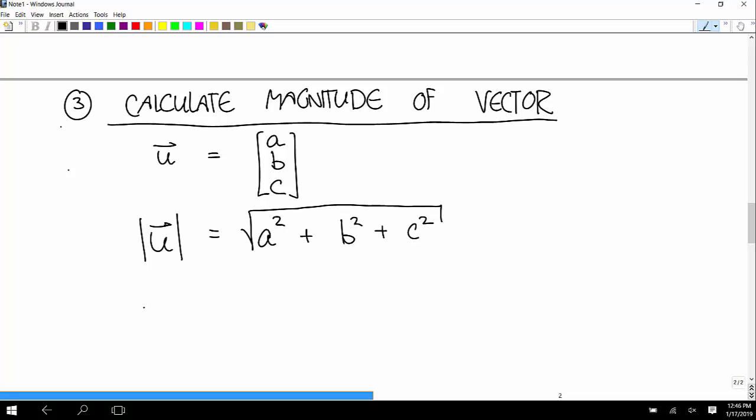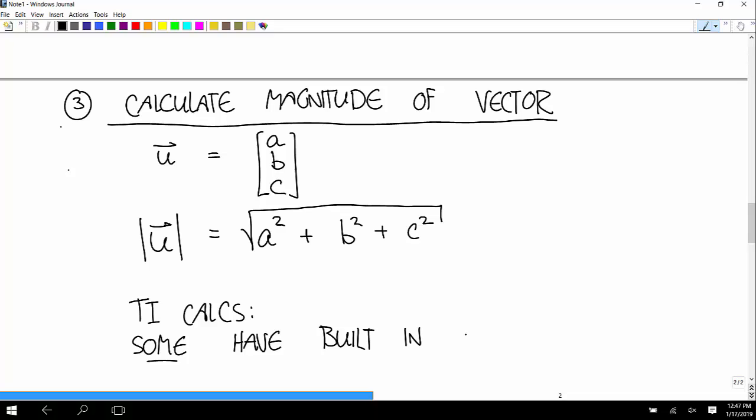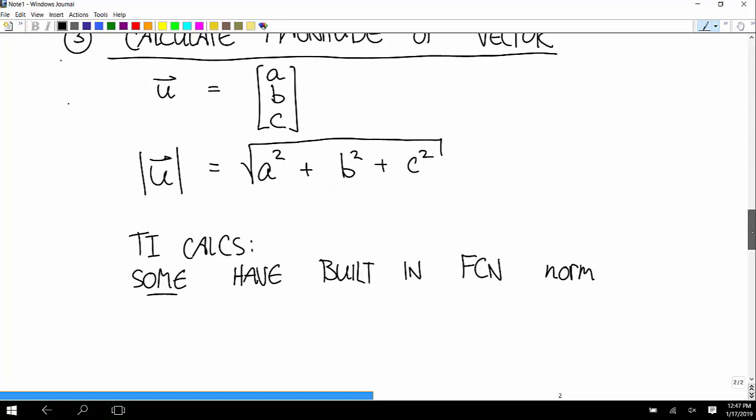Some TI calculators, I don't remember which ones, have a built-in function called norm. Norm.